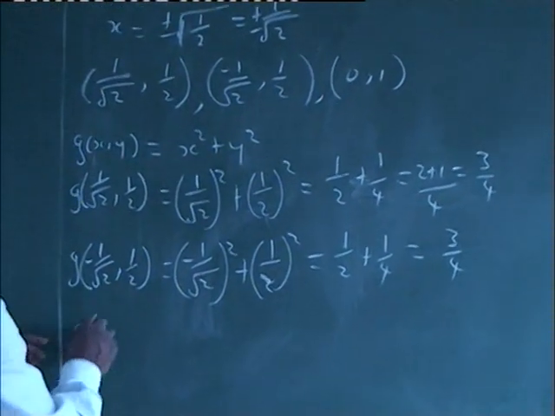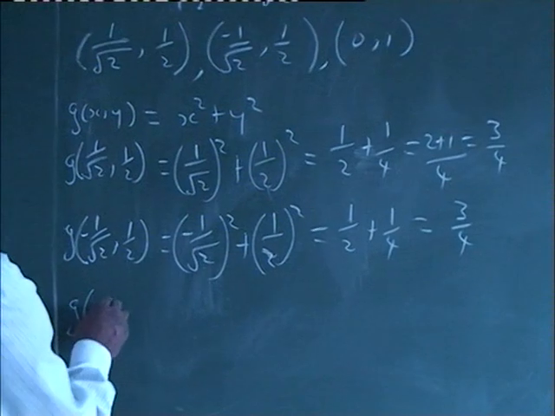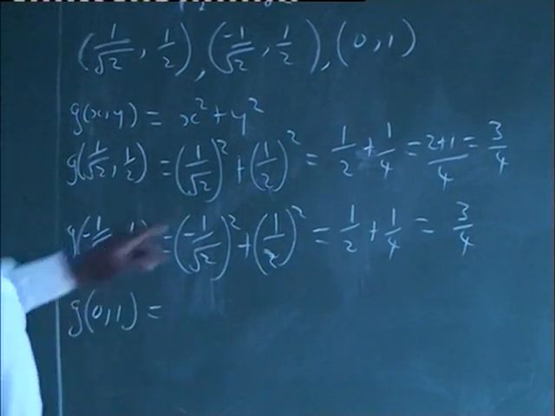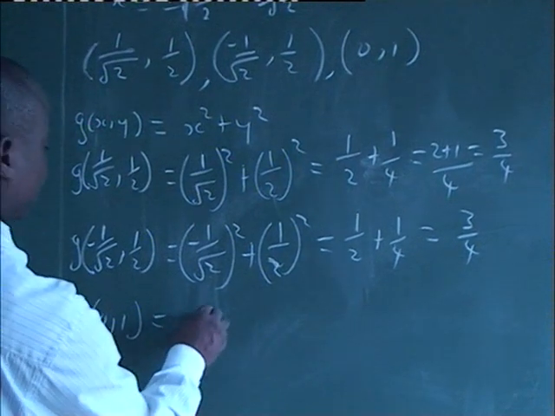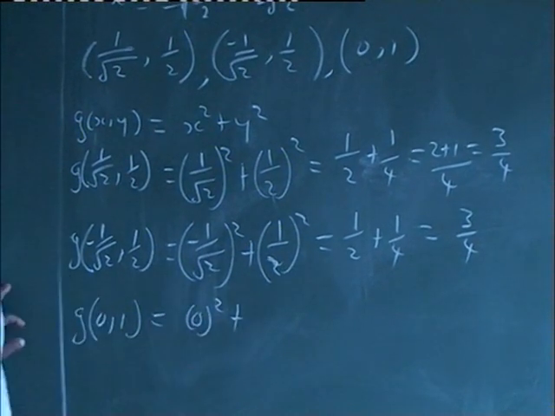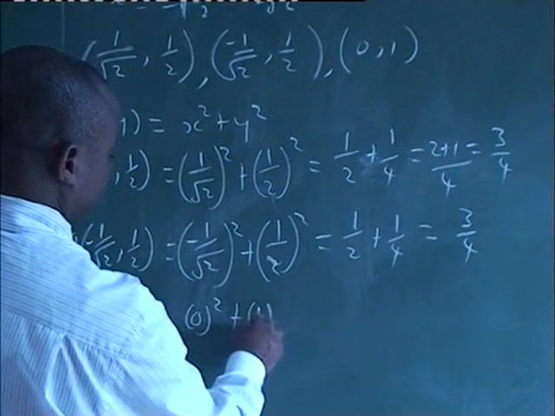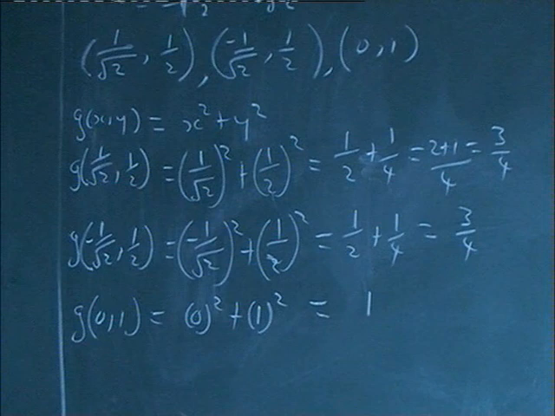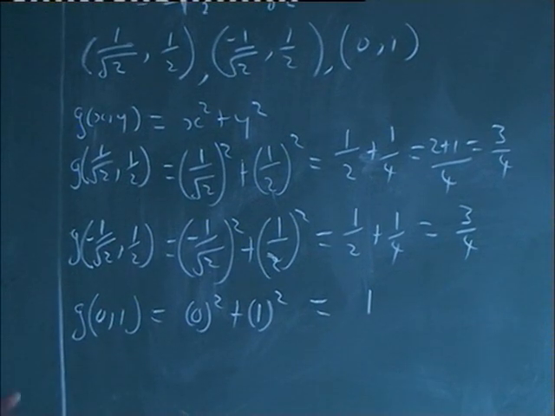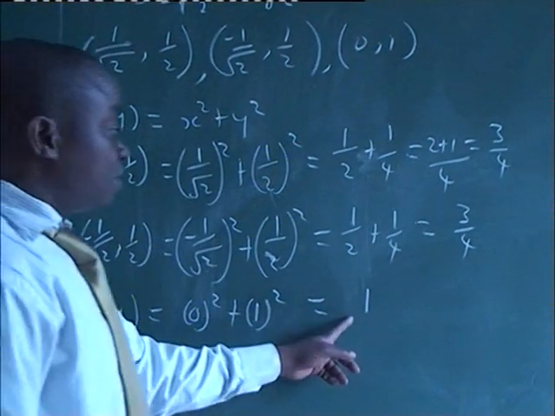Now for the other point, we have 0 and 1. At that point, we put 0 squared plus 1 squared, which is equal to 1.